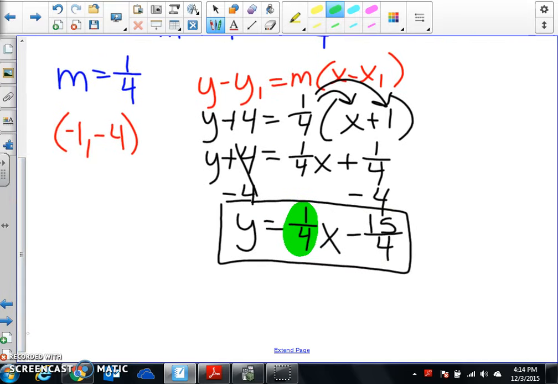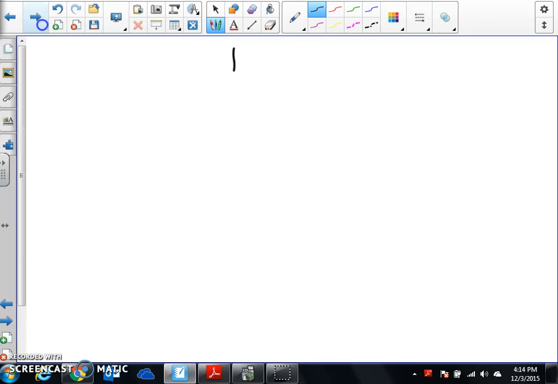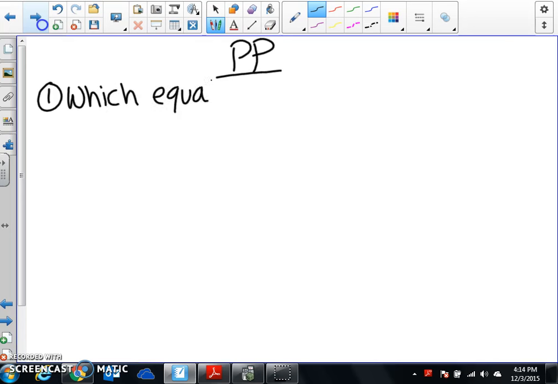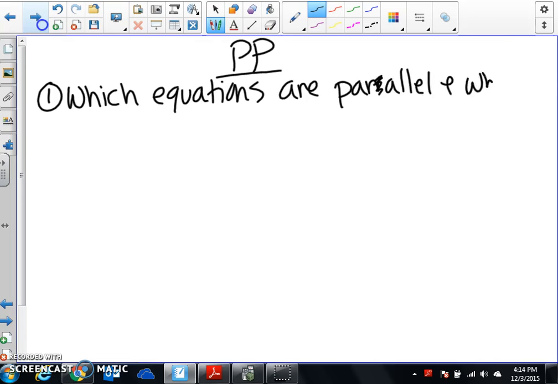All right, so that's all you're doing. Here are some practice problems. Okay, so for the first two, you're just going to tell me which equations are parallel, and which are perpendicular.